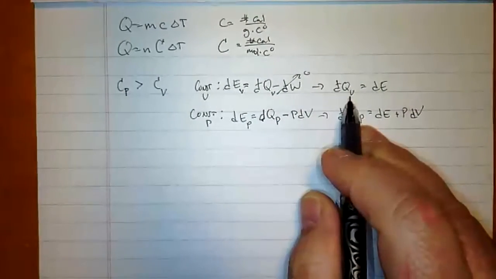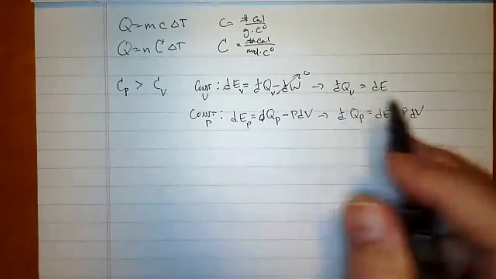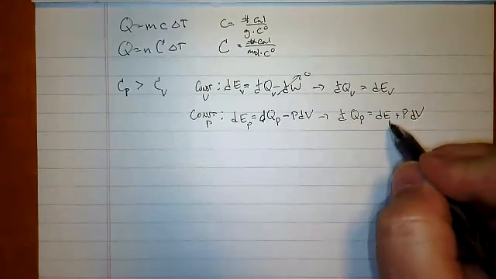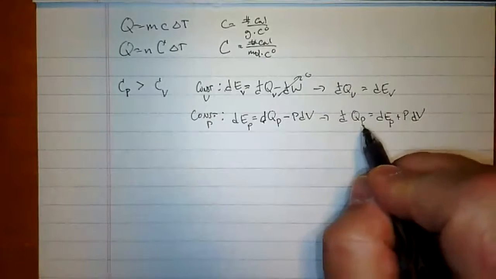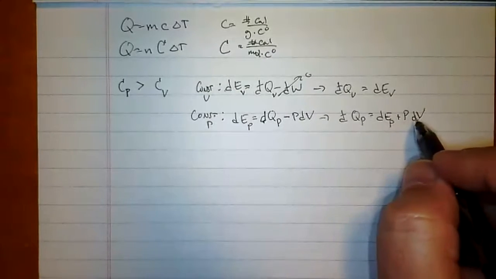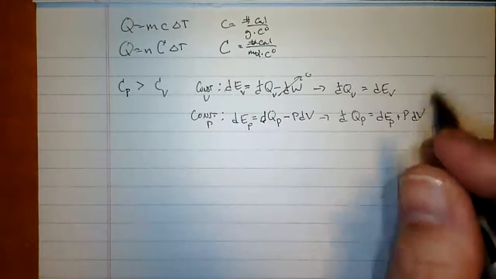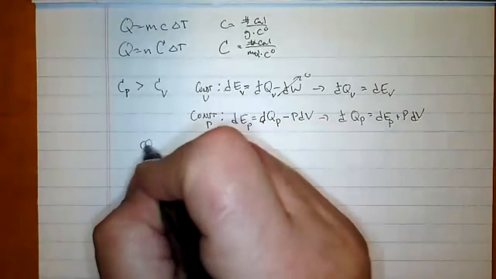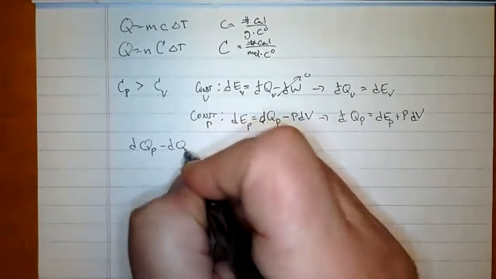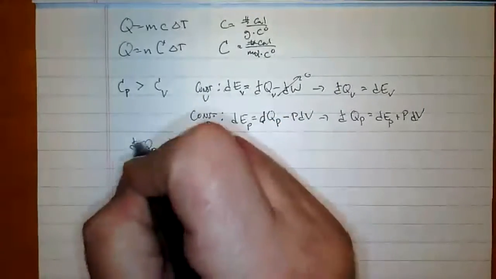So I've got dQ with constant volume is equal to dE with constant volume, whereas dQ at constant pressure is equal to dE at constant pressure plus PdV. Now I can start to think, what is the difference between QP and QV? So I'll do dQP minus dQV, like that.